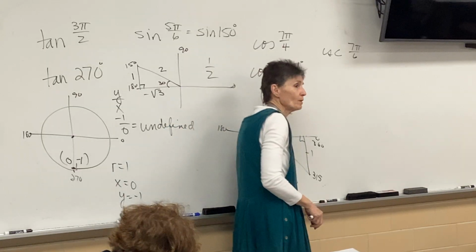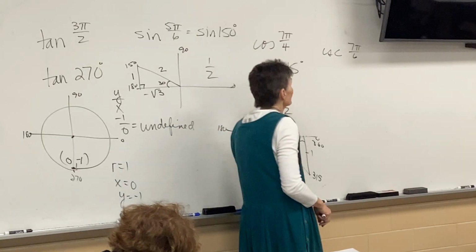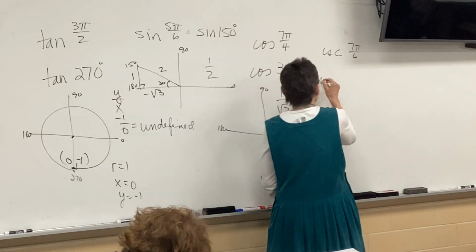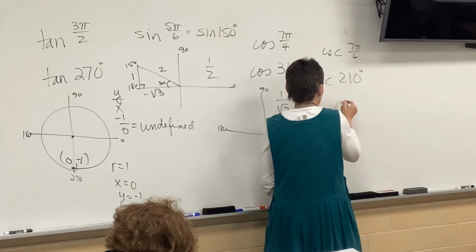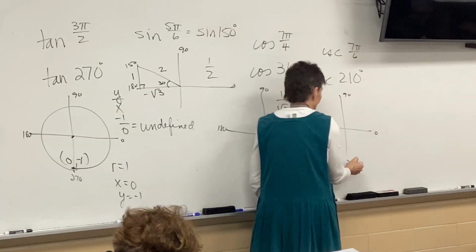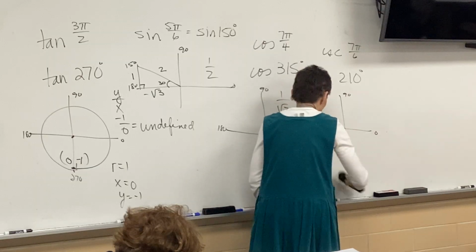All right, last one. Hopefully you're getting good at this. Cosecant 7 pi over 6. 210. Down here.